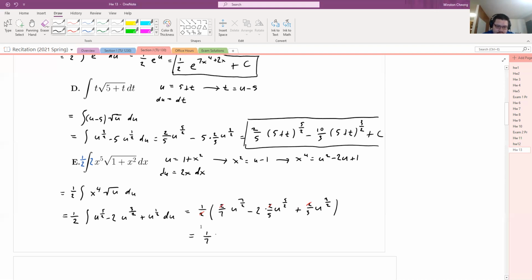So 1/7, u is 1 plus x squared. And then we just continue with the back substitution.